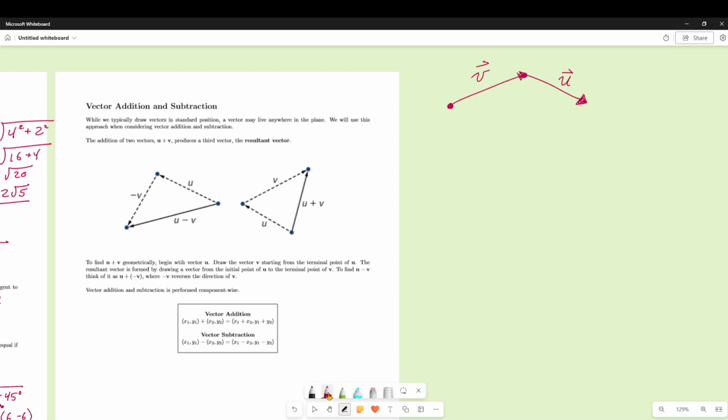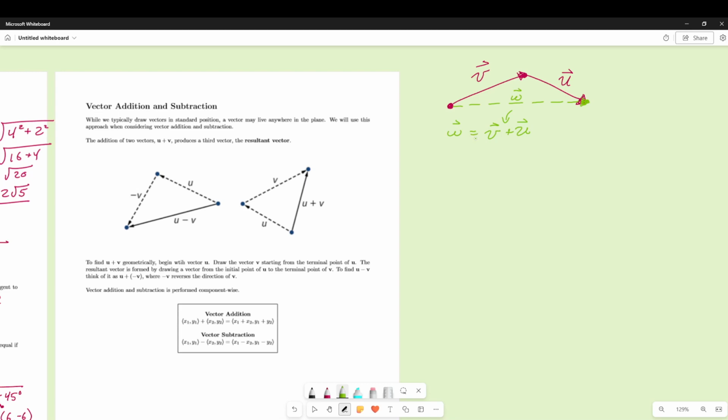And then when we add them together, we can visually represent their sum by the vector that stretches, this one happens to be almost purely horizontal, which is fun, but not always the case, from the initial point of one vector to the terminal point of the other. So this new vector is the vector that results from v plus u. I'm going to call that one w because I want to.